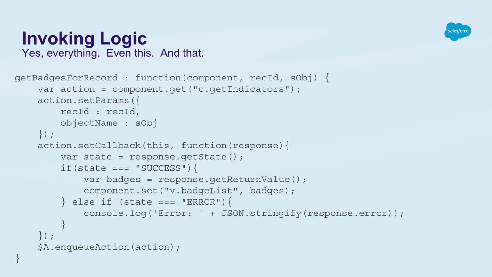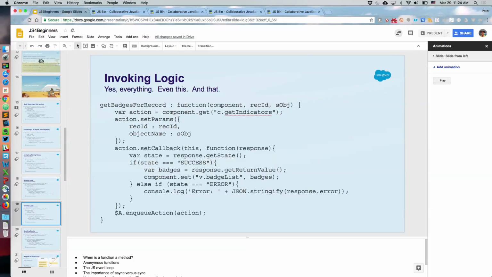We don't want to go to the global namespace or the global context. And in fact, Lightning tries really hard to stop you from going to that global context with Locker Service. So let's go and see a couple more little code snippets. And then what I want to get to is eventually talk about how this all works in the context of the single-threaded nature of JavaScript.